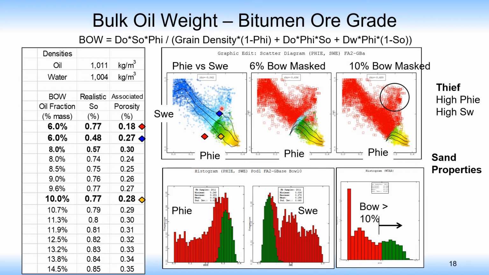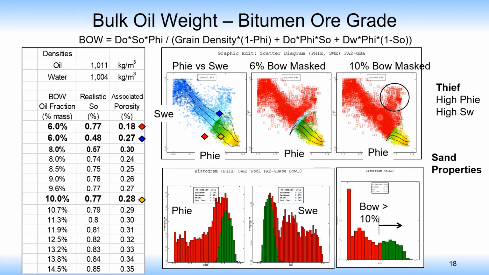There is an ambiguity because we could have higher bitumen saturation and lower porosity. So that's something we want to consider. We'll come back to that point later, but that's shown here. A high quality would be, say, 10%, and that's down in this zone. So if we apply a 6% mask of the red samples, that's shown here, 10% is here.